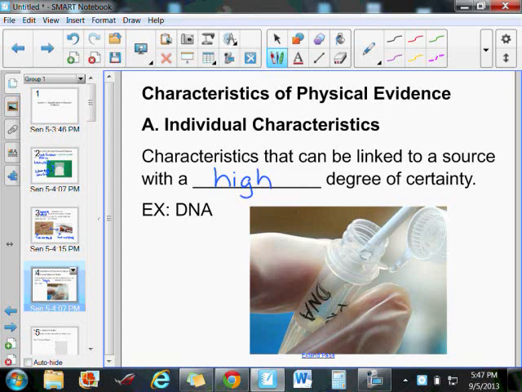Okay, so you're pretty sure you know where that piece of evidence came from. You know its source. So for example, DNA evidence. We can sequence DNA. We could take DNA swabs from suspects and victims, and we can match those. So we can be fairly certain where that DNA sample came from.